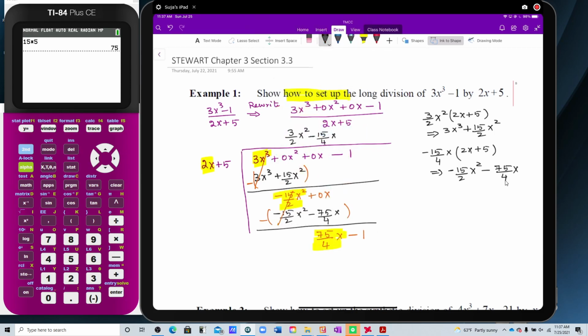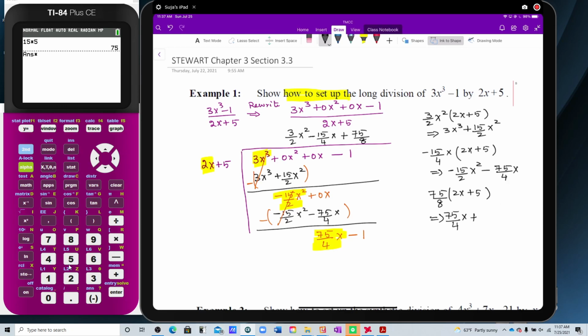That's going to be plus 75 over 8. So I'm going to take 75 over 8 and multiply the 2x plus 5, which is going to give me 75 over 4x, then plus 75 times 5.